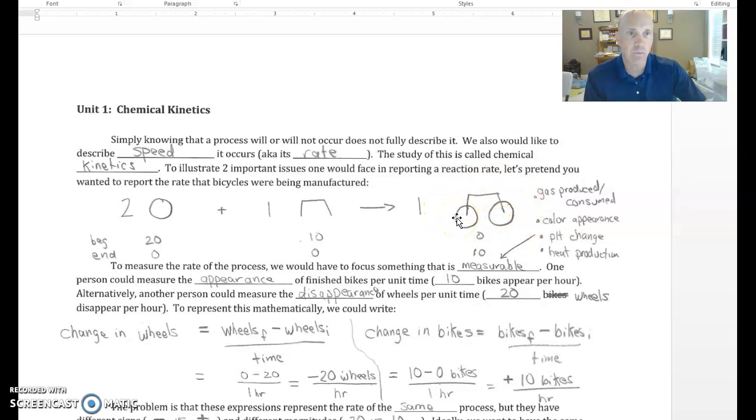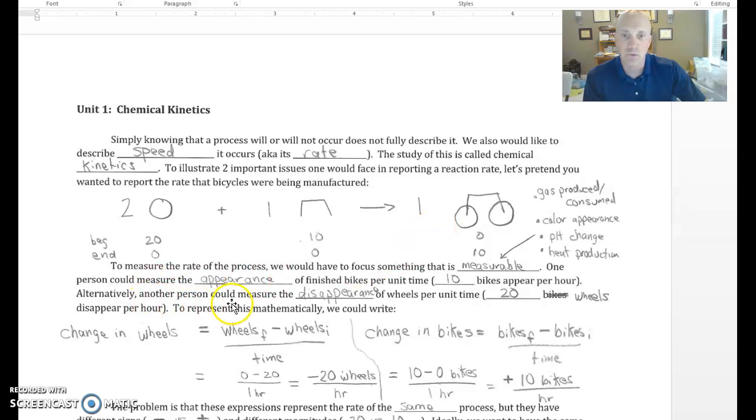That would be one way of measuring it. So that would be measuring the appearance of a product. Alternatively, let's say that we couldn't see the bikes coming off the assembly line. If we could focus our attention on how fast the wheels are disappearing from that pile of wheels in the factory, that would also give us an indication of how fast this process was occurring.